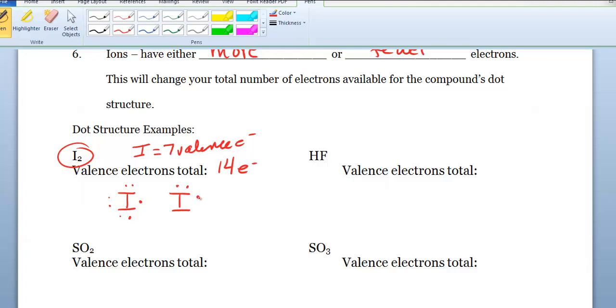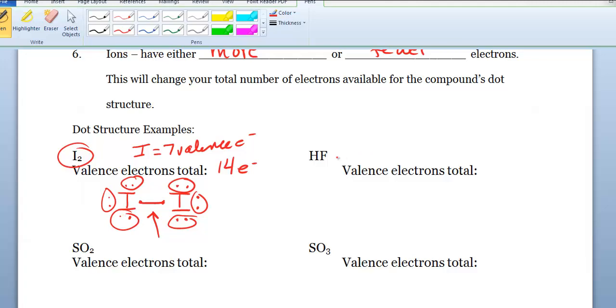I'm being a little bit wise in regards to where I'm putting that single electron, because I know that there is going to be a bond in between those 2 iodines. So this is the Lewis dot structure for iodine. There's a single bond in between 2 iodines. There is 1 shared pair of electrons, and there are 6 lone pairs of electrons total for the molecule.